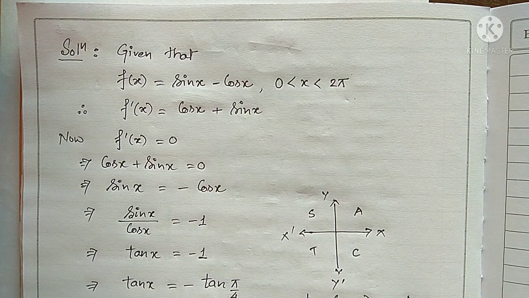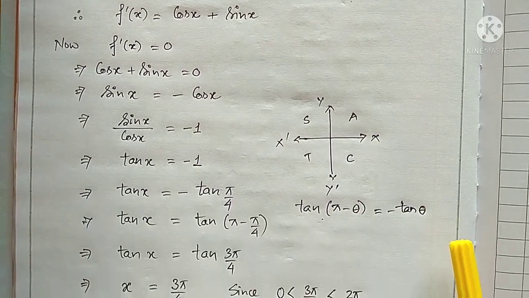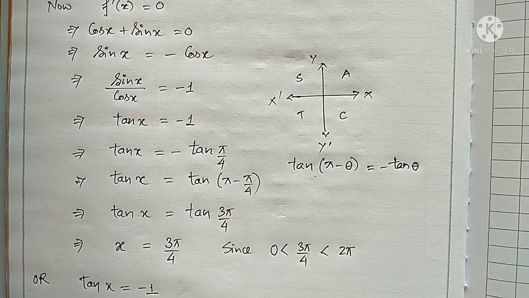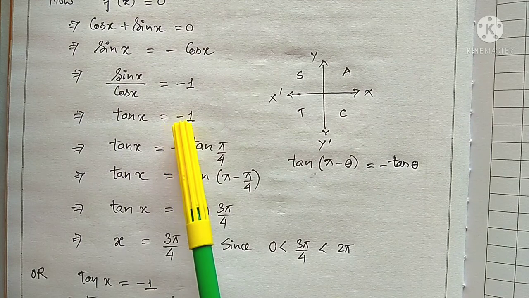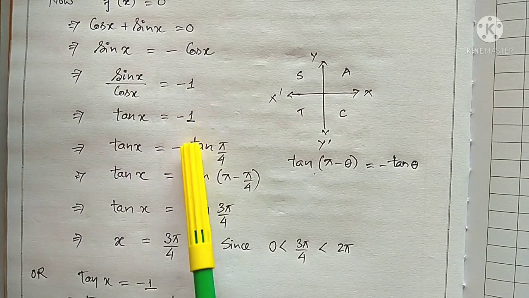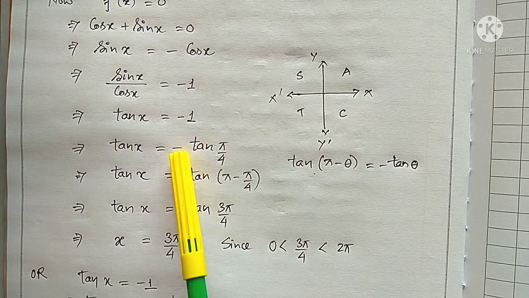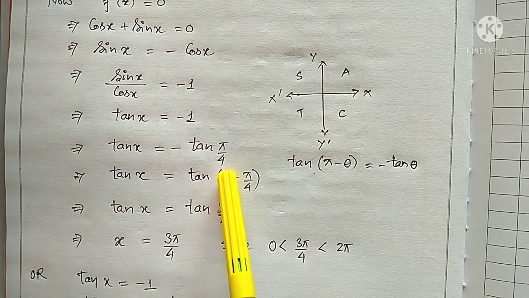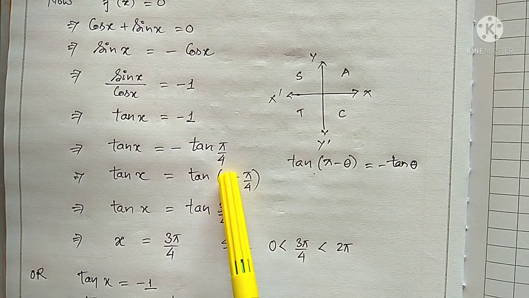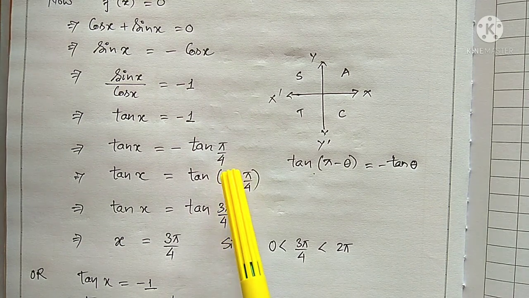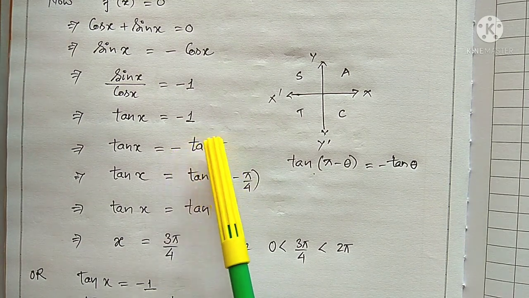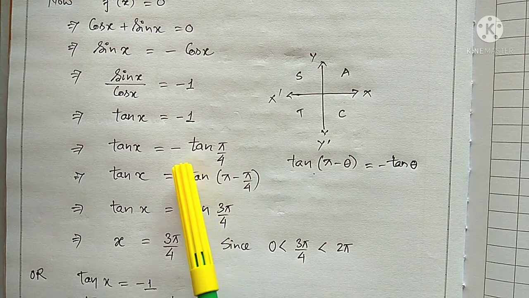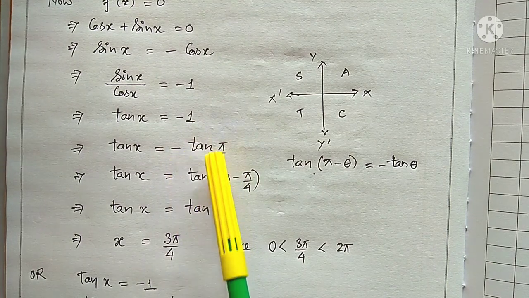Now for tan x = minus 1, we write minus the same, and in place of 1 we write tan of π by 4, because we know the value of tan π by 4 is 1. So now we get minus tan π by 4, and we need this result.